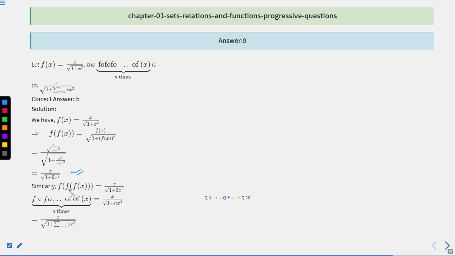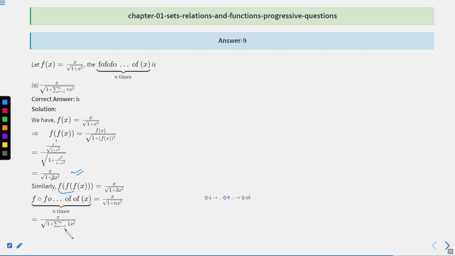Now similarly, f(f(f(x))) will become x upon root over 1 plus 3x², right? So when this is 3 times, this becomes 3x². When this is 2 times, this becomes 2x², right? When f is 1 time, it is 1 plus x². Now, when we do this expression n times, it comes out to be x upon root over 1 plus nx².